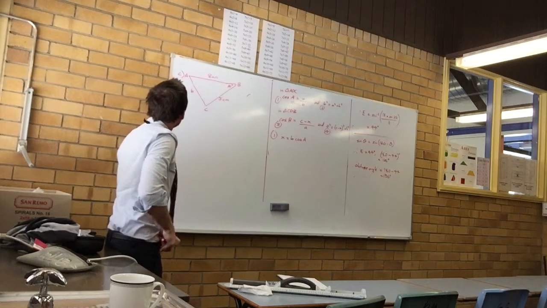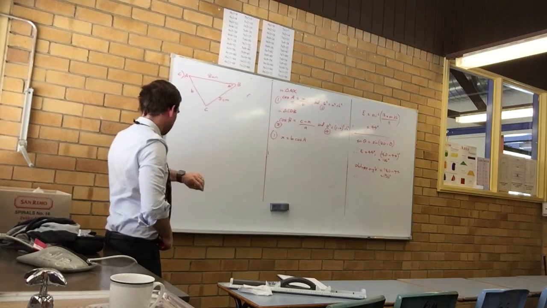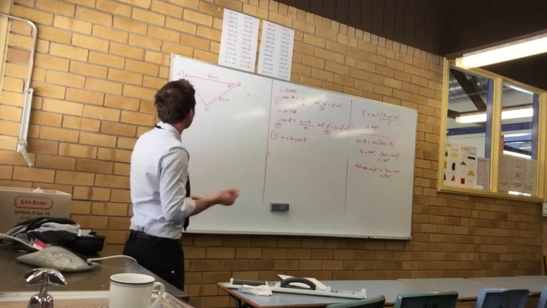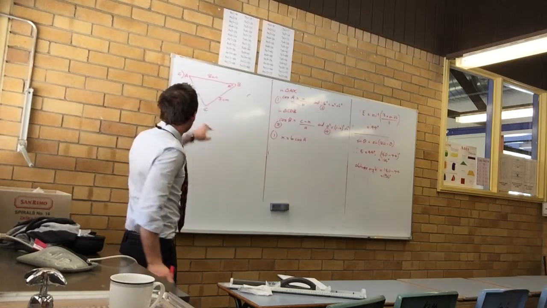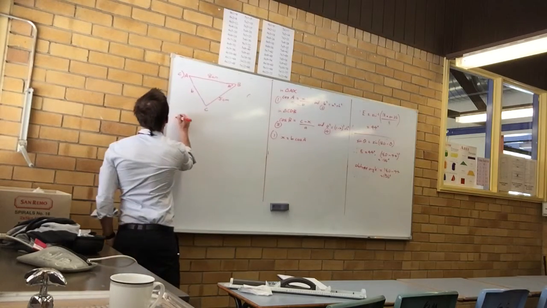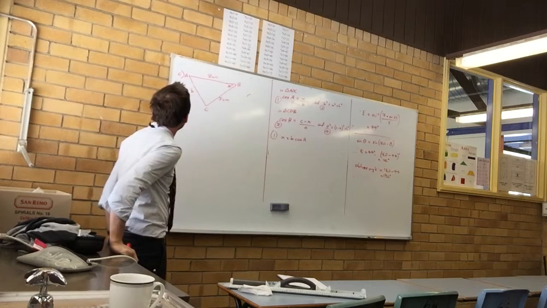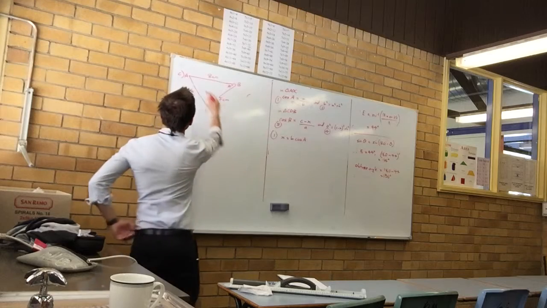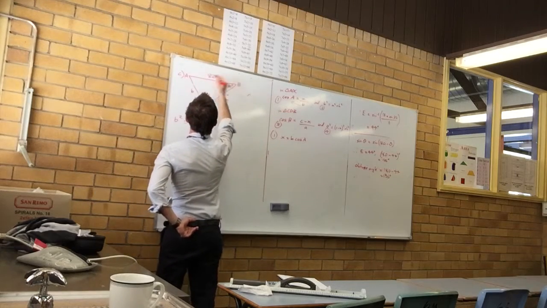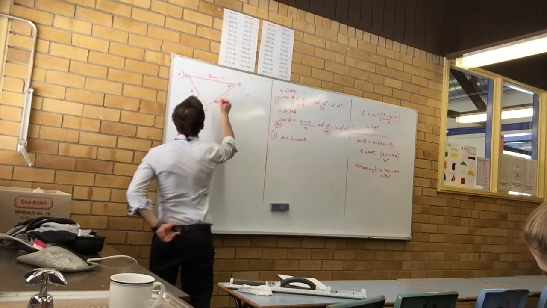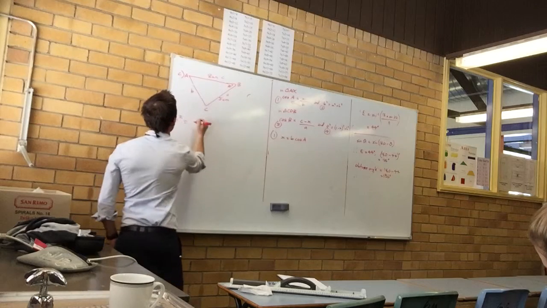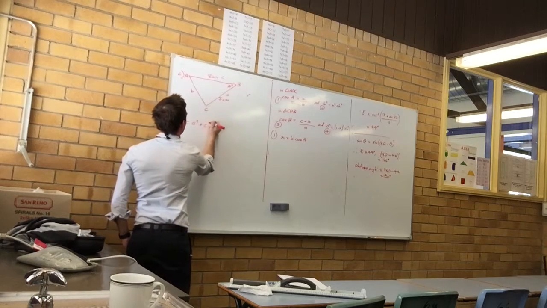So we need to find the variable b. So you start where the variable is. So we have b squared. Then the other two letters. So this is a little a opposite the capital A, and this is little c opposite capital C. So it'll be a squared plus c squared.